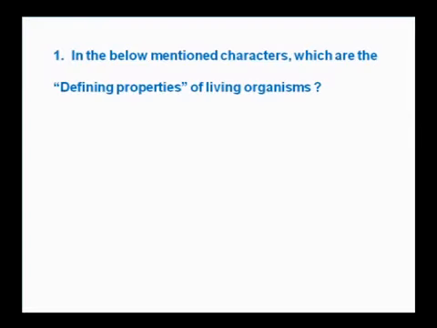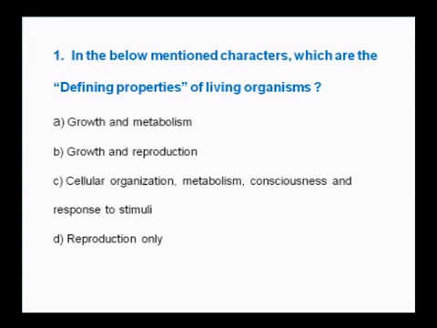The first question: in the below mentioned characters, which are the defining properties of living organisms? Friends, I have already explained this. Let us see the options. Growth and metabolism; growth and reproduction; cellular organization, metabolism, consciousness and response to stimuli; reproduction only.